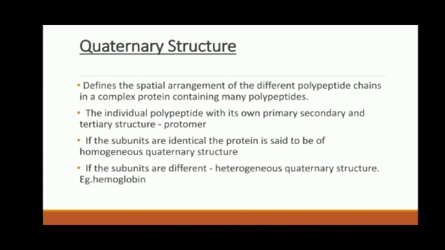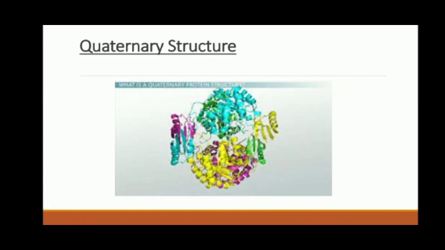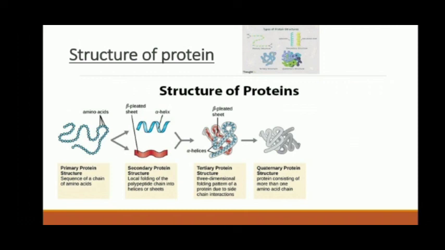So in the case of hemoglobin, we can see different subunits, 2 alpha chains and 2 beta chains, connected to a centrally located heme molecule. So hemoglobin attains a heterogeneous quaternary structure. This is an image of the quaternary structure, where different polypeptides are present. So there are mainly 4 structures.